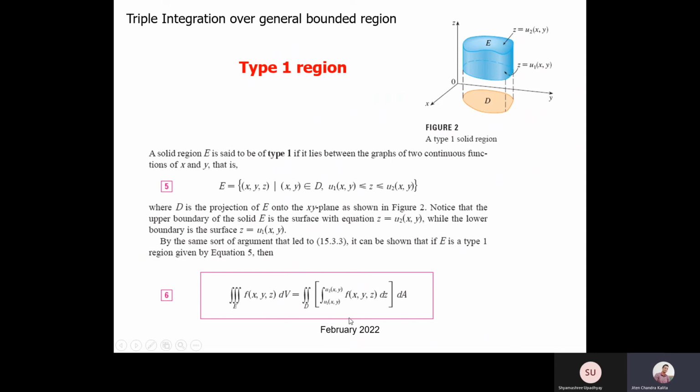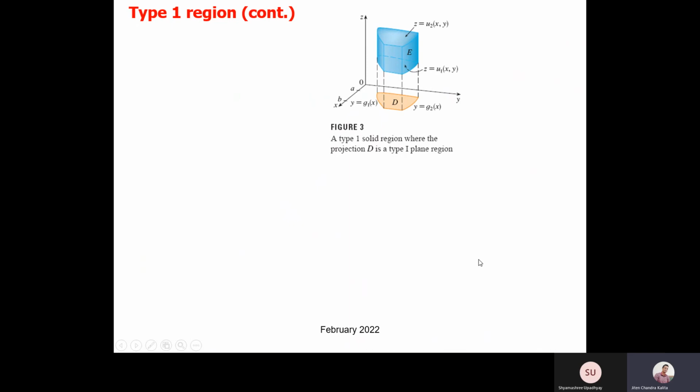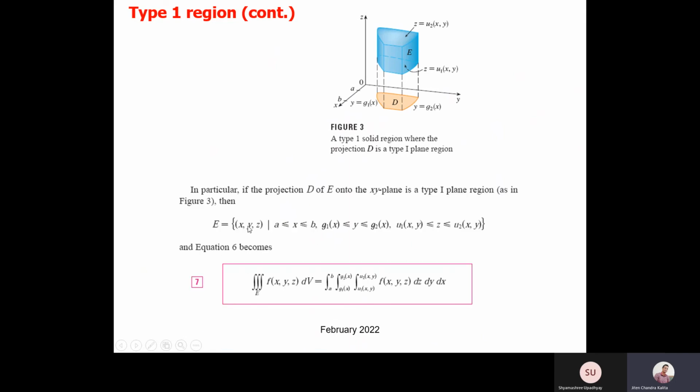Now let us see what happens if D is a type 1 region. It is going to have fixed limits for x, and for y it is going to be bounded by two curves, g1(x) and g2(x). So x lies between a and b, and y lies between those two curves.